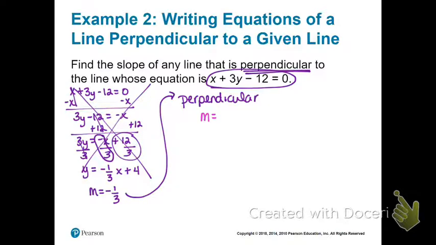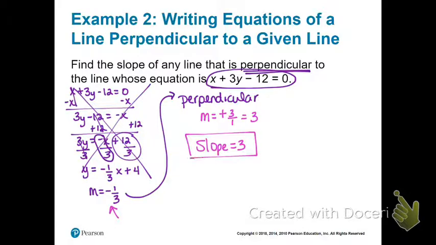So the slope of my new line, this was a -1/3, so opposite means change the sign. Reciprocal means flip the fraction. Instead of 1/3, it's going to become 3/1, and we can actually reduce that to a +3. Now, this problem only asks for the slope, so our slope is going to be 3.